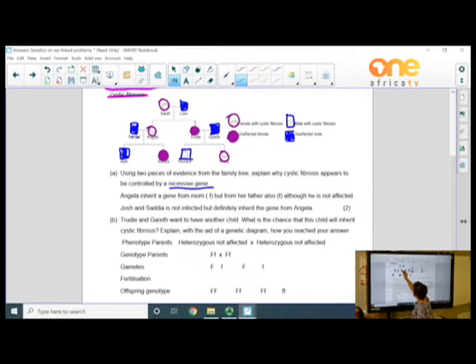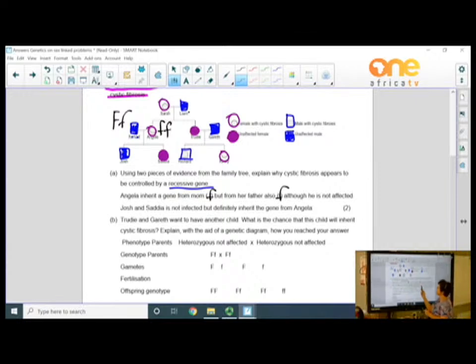has the disease. So Angela is ff, right? And Farad is big F, small f. Liam is unaffected. But Liam must have an F. Angela inherited a gene from her mother, which was a small f, but from her father also a small f, although he is not affected.